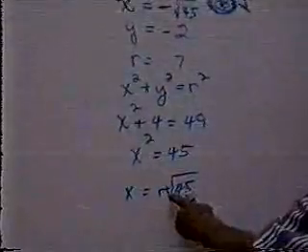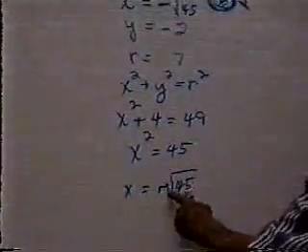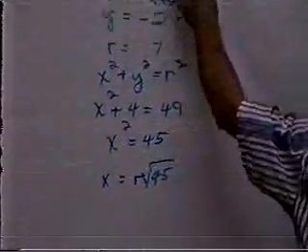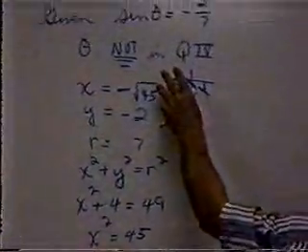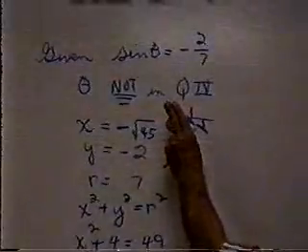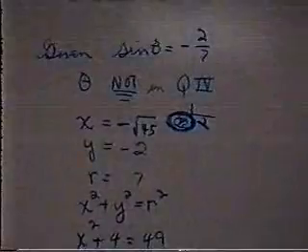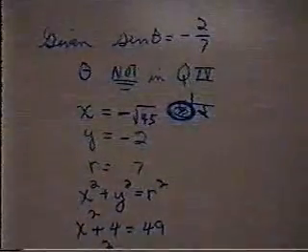And that has to be given. In all trig, when you're working with trig functions and angles, you must be given 2 of the 3 numbers and the quadrant that it's in or not in.